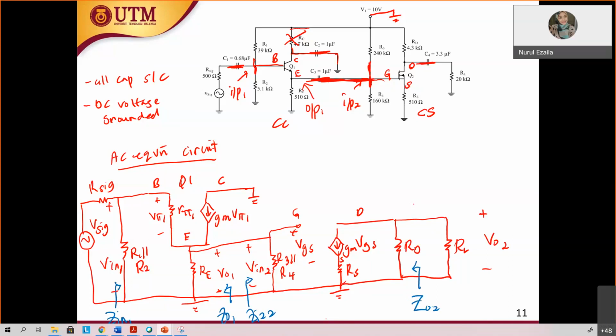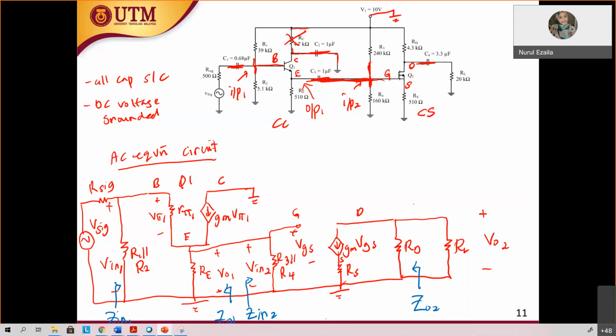Z in 2. All right, are you all clear? So it is not only between BJT and BJT, it can be between BJT and FET.